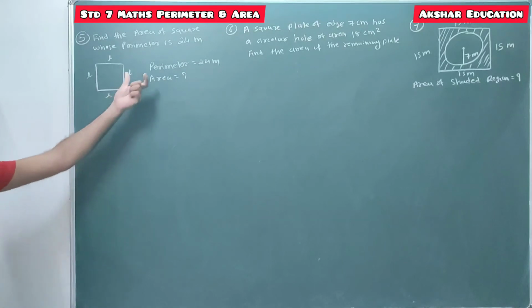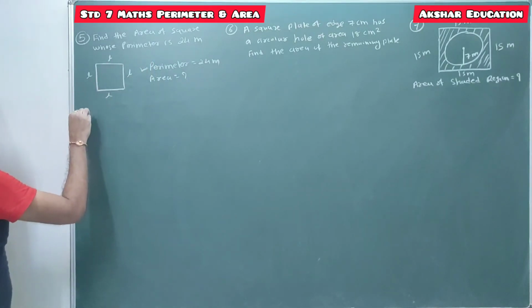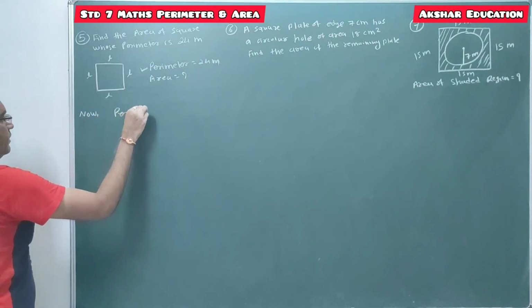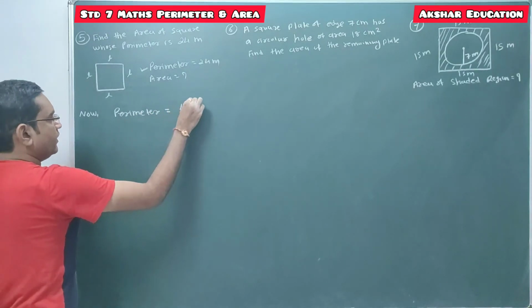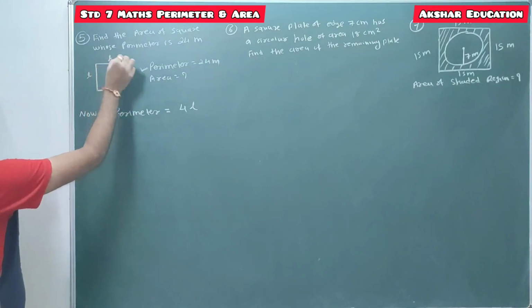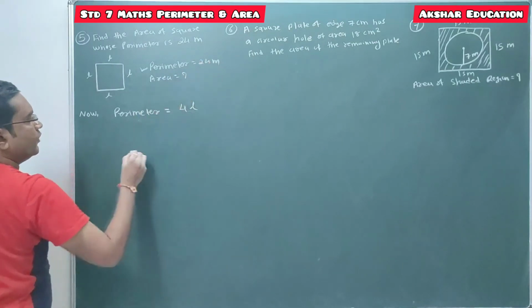So here perimeter is given, so we can use the formula of perimeter. So perimeter of square is, what is the formula? It's a 4 into L, 4 into side, sum of all the 4 sides, L plus L plus L plus L, that is 4L, that is perimeter of square. The value of perimeter is given 24 meter.